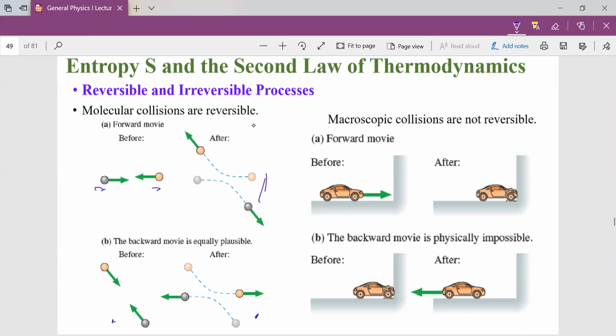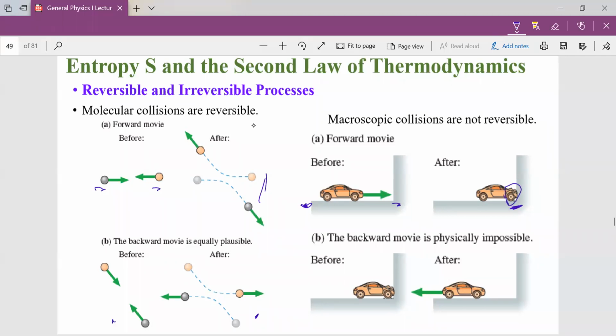Now we'll see another example that describes the irreversible process, that is process that cannot be reversed. Let's look at the image here of the car hitting the wall. You notice that once the car hits the wall, there's a kind of crash on that car.